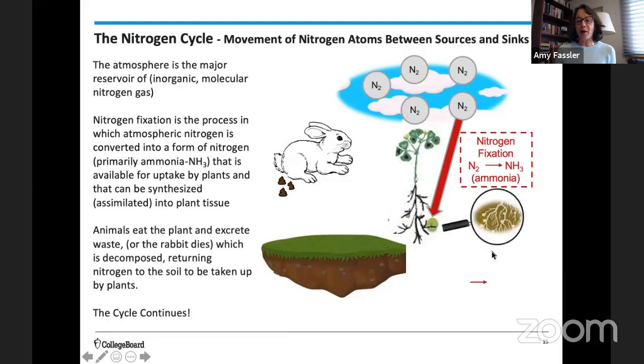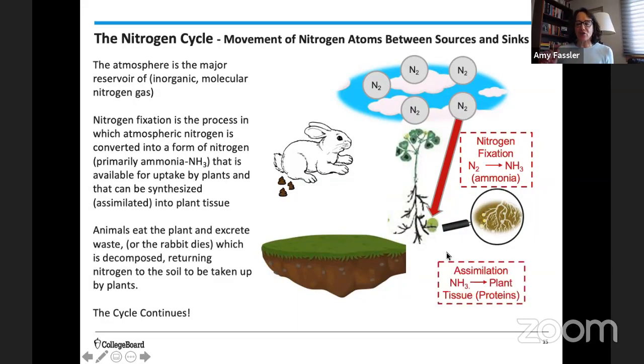So let's take a close-up look here. We have these special legumes that have nodules in their roots that have bacteria, and it's these amazing soil microbes that are actually doing this chemical conversion. So not all plants have the ability to take atmospheric nitrogen and convert it into ammonia.